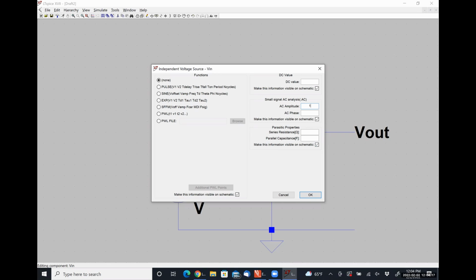Because V out divided by an input voltage of 1 volt over all frequencies gives me my transfer function. I'm going to leave the phase, and just start at a frequency of 0 and let it do whatever it needs to do.